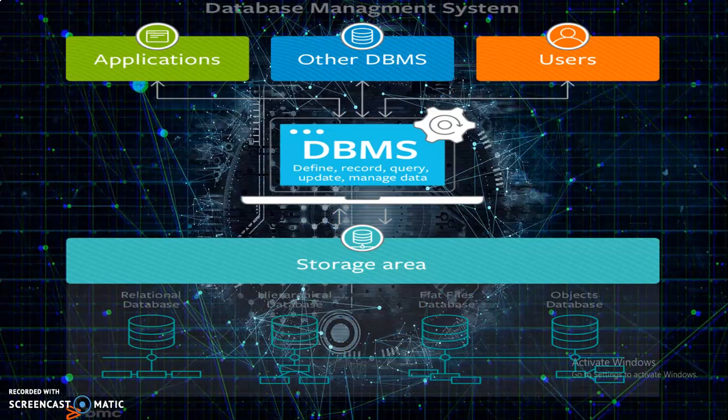Next, the pictorial representation of database management system. This is the graphical representation. The first layer is applications, other DBMS and users. The second one is the DBMS and the third one is the storage area.